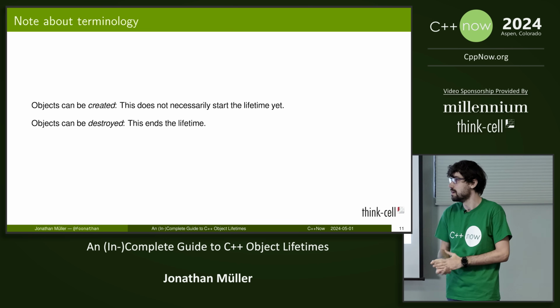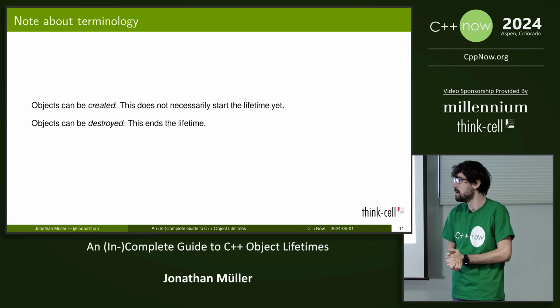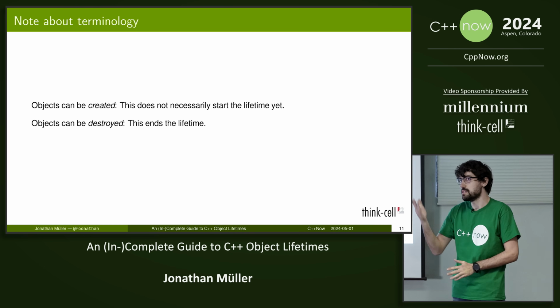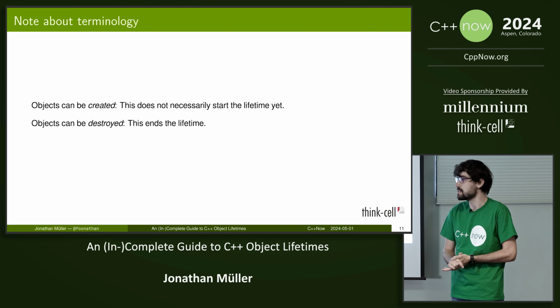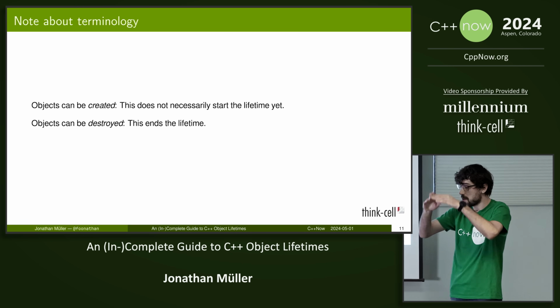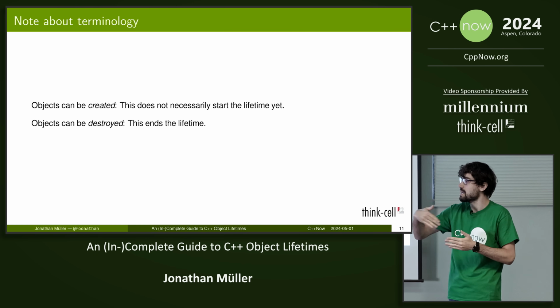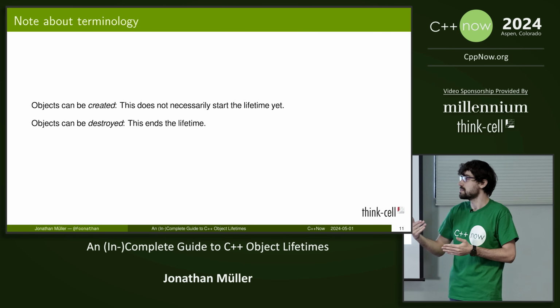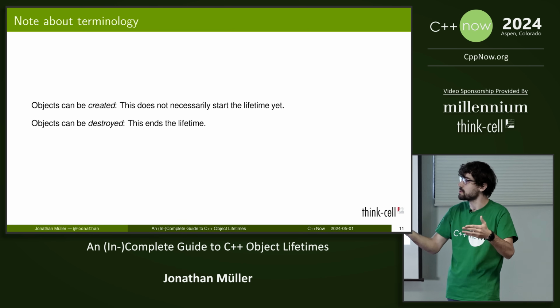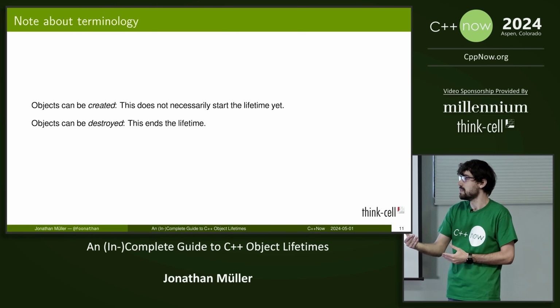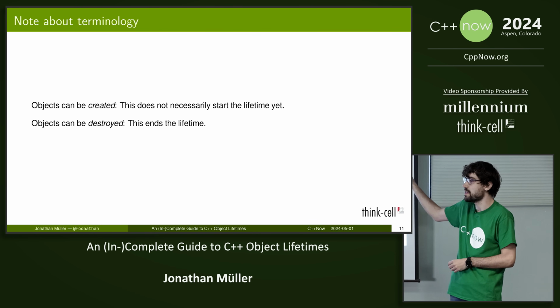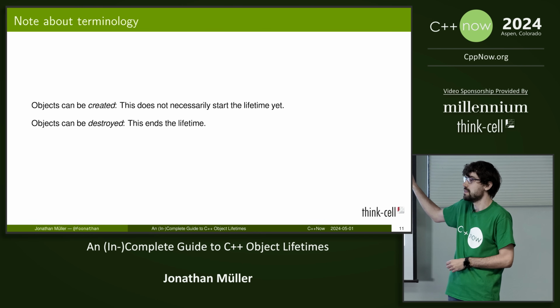Do you have a simple example of an object that's created but whose lifetime hasn't started? Yeah, a simple example would be global variable initialization, thread local variable initialization. You have a thread local variable and you haven't started the thread yet. The object's been created? Yes, because you've got the declaration that creates one. You can talk about it. The creation isn't a one-time operation.